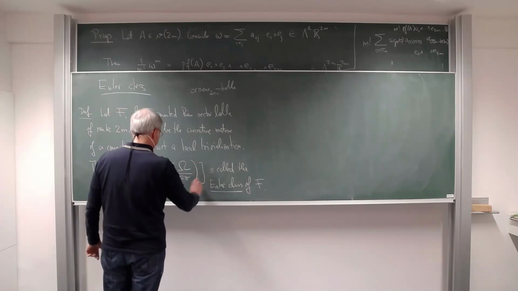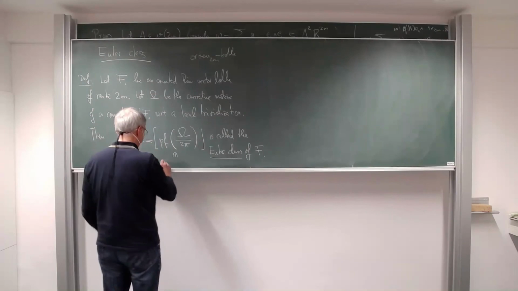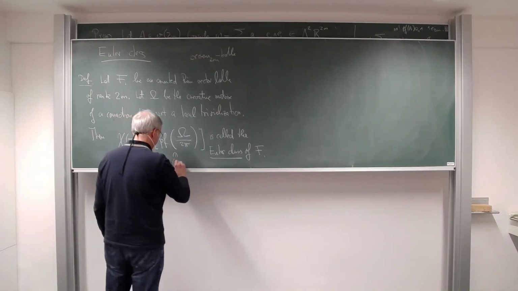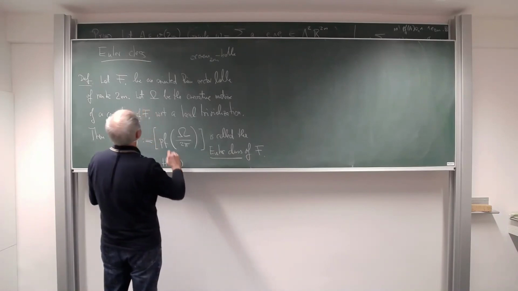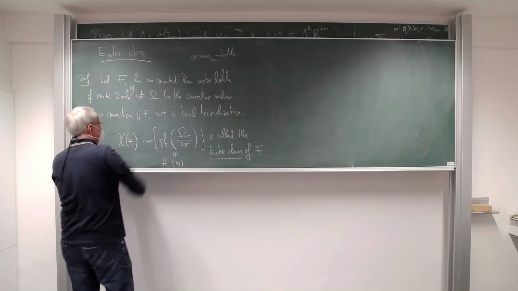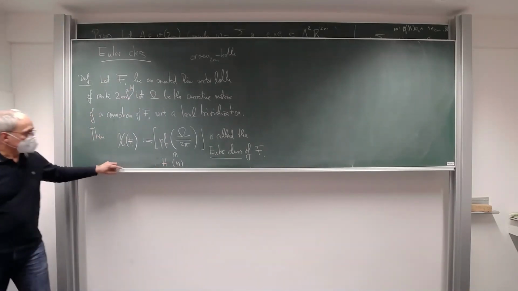So that's the cohomology class of this Pfaffian, and it takes its values in, so this is a Riemannian vector bundle on the manifold M, which is a homogeneity, which is the degree of this cohomology class.